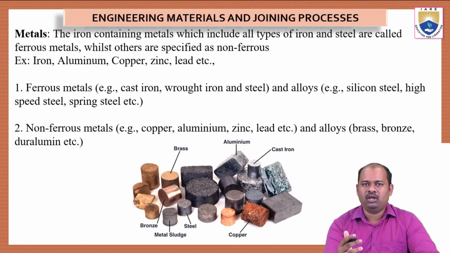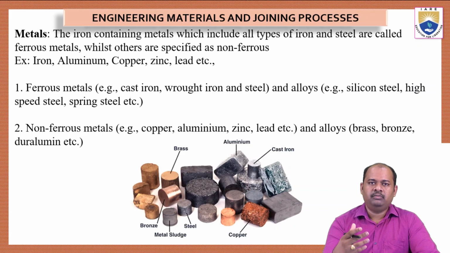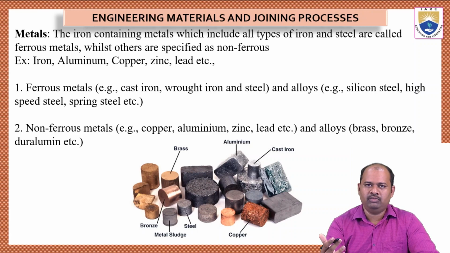Examples of non-metals are glass, leather, etc. Examples of metals are iron and copper, which are very famous materials because they have many applications in many industries and in our day-to-day life.